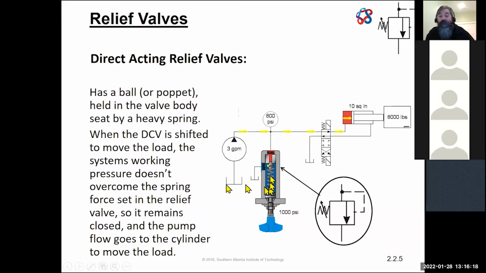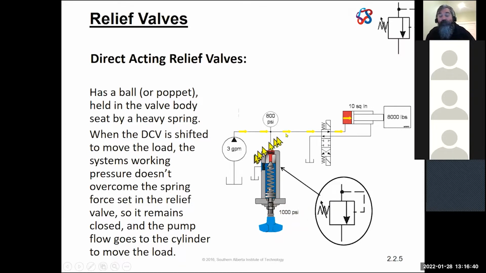Now, of course, if you under-design this valve, say this valve is only designed for 1 gallon per minute, and I had a 3 gallon per minute flow, what's going to happen? Well, the pressure is going to continue to rise. The pressure will rise above the setting, because this is going to be fully open at 1000 PSI.